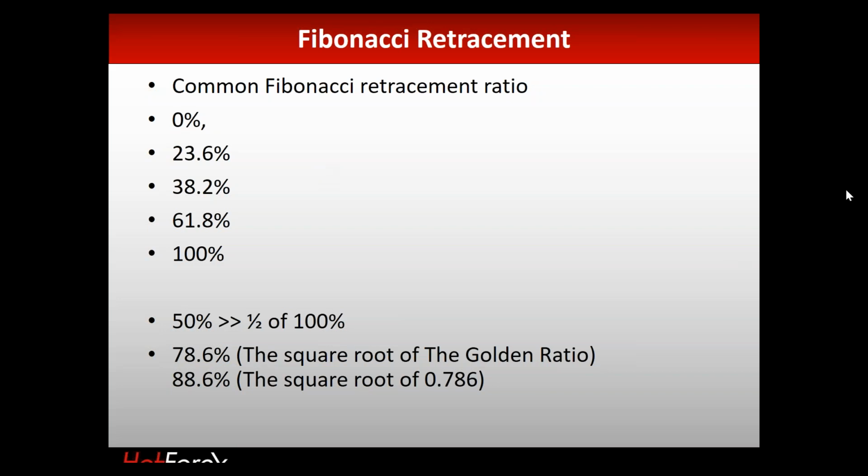So this thing is a Fibonacci ratio, but don't get fooled. 50% is not a ratio. 50% is half of 100%. 78.6 is the square root of the golden ratio 61.8.